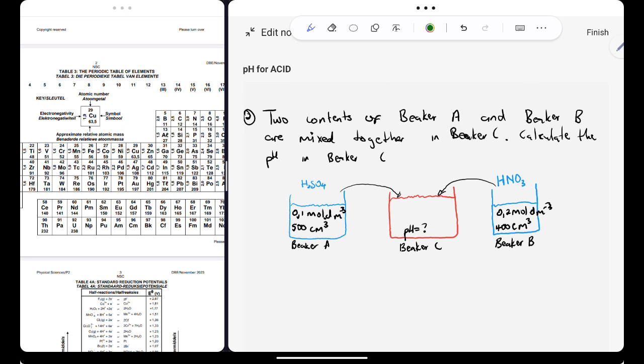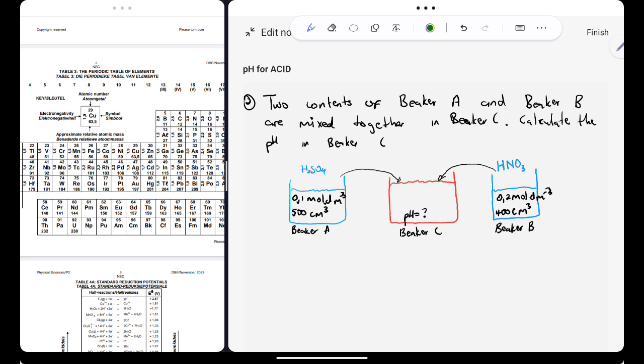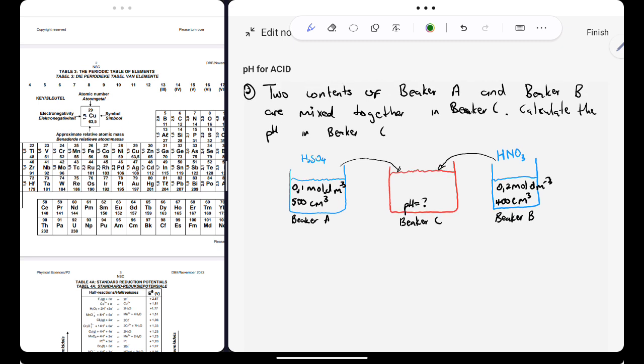Okay, number 2, we are told that two contents of beaker A and B are mixed together in beaker C. Calculate the pH in beaker C. Since we are mixing two acids, guys, it simply means that there will be no titration happening together.